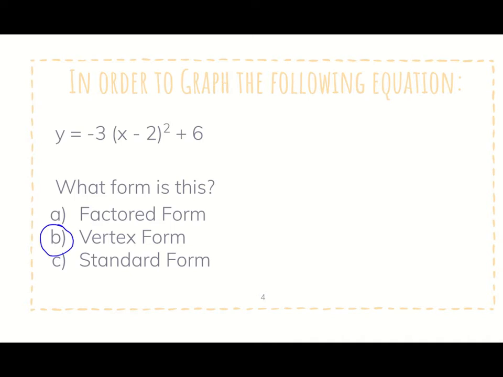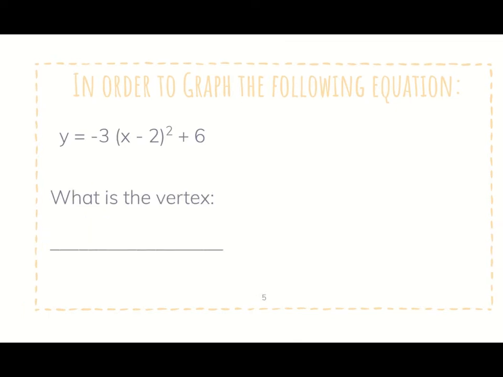This is vertex form. And from vertex form, we're easily able to find the vertex. So what is the vertex? So in order to graph, we need the vertex. So go ahead and tell me from this equation, what is the vertex?